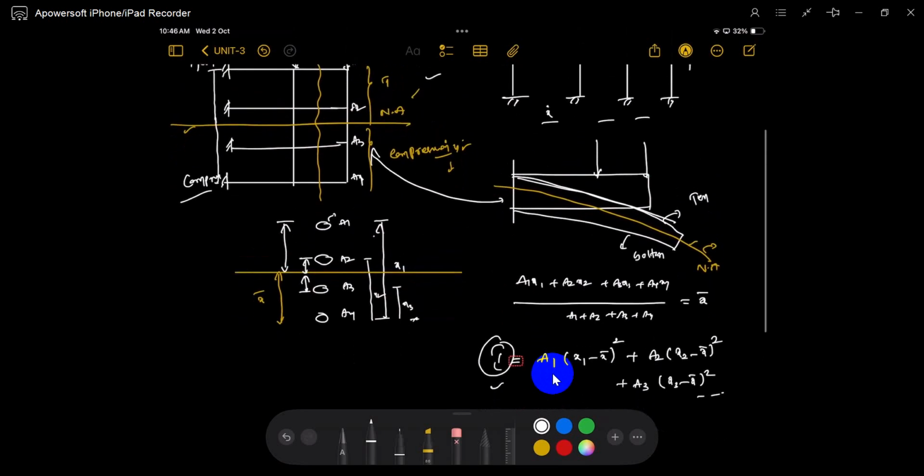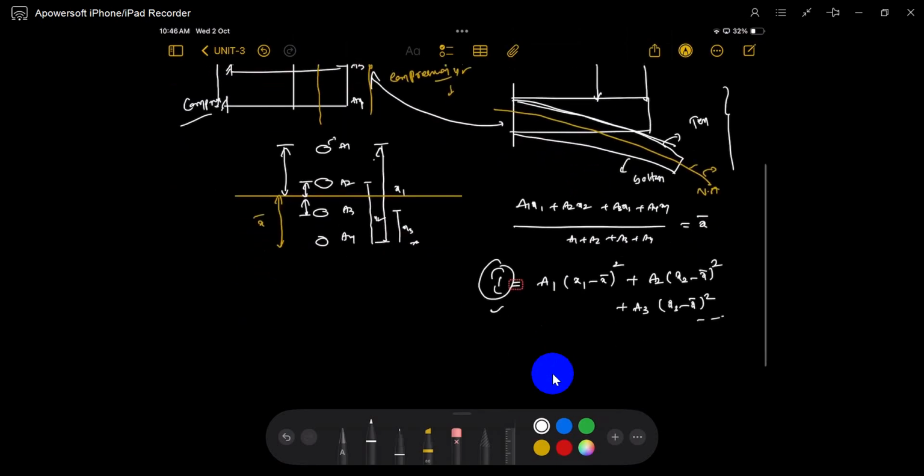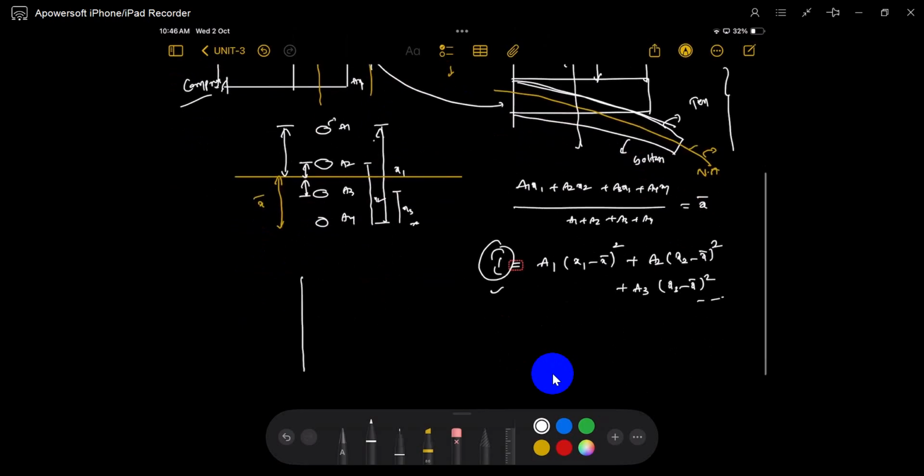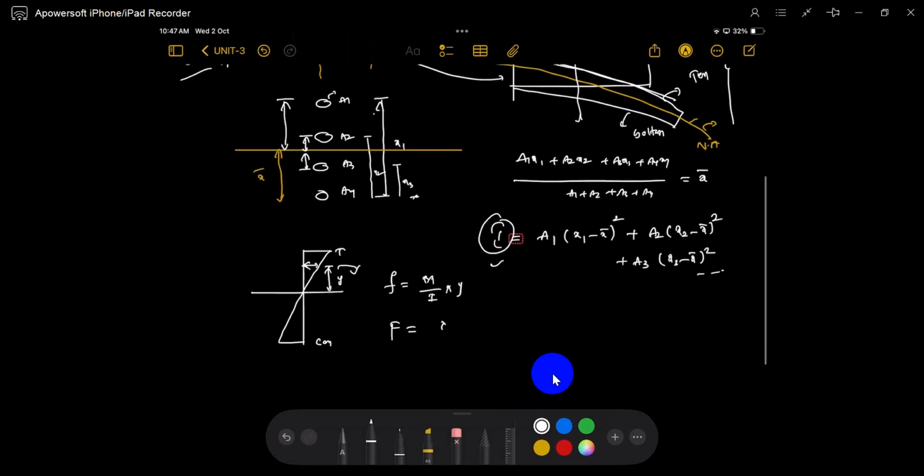If you see the cantilever, what is the stress distribution across the section? In the stress distribution diagram, the top layer is in tension and the bottom layer is in compression. What is the stress at this location? You already know stress equals M by I into y, where y is the distance from the neutral axis. If you want force, multiply M by I into y with the area of that section.